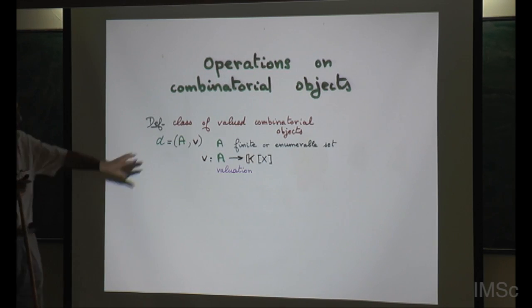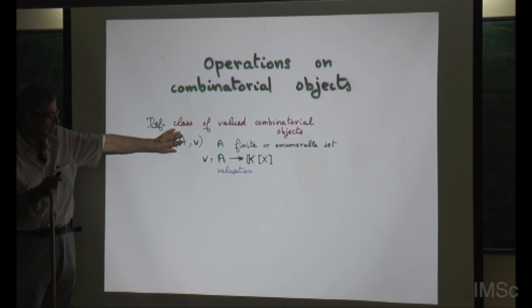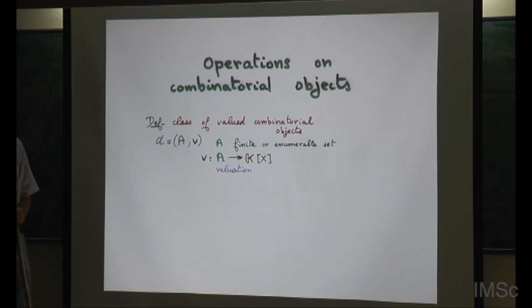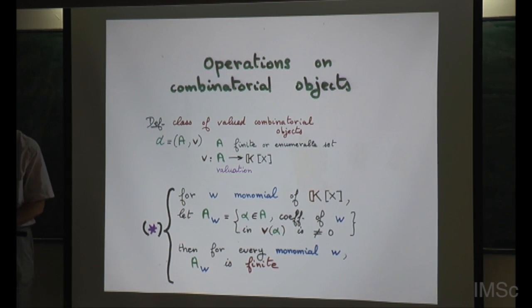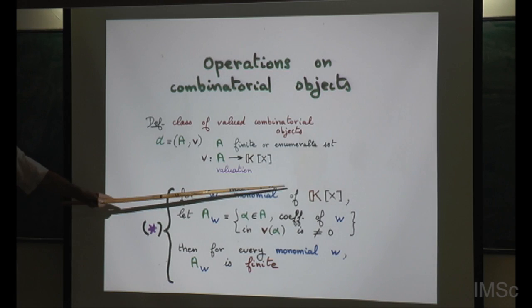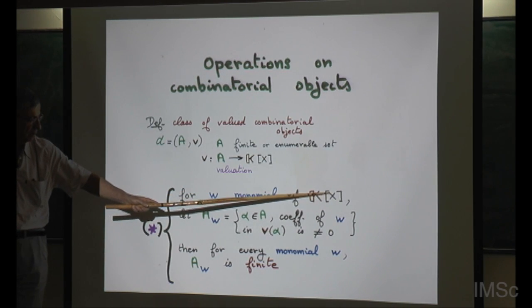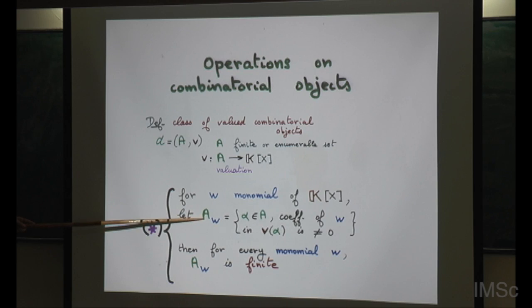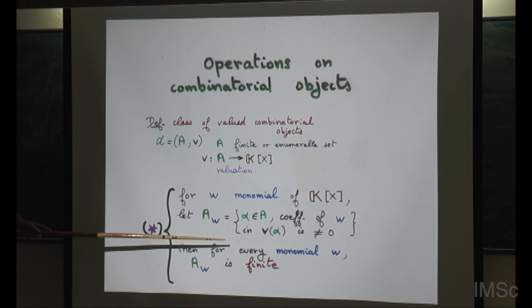So you have a set of objects, enumerable, plus a certain weight, such that the following condition holds, to be able to define the generating function of this combinatorial object. The condition star is the following. For any w, which is a monomial in K[X], take any monomial and define A_w as the set of elements of A which contribute to the monomial w.